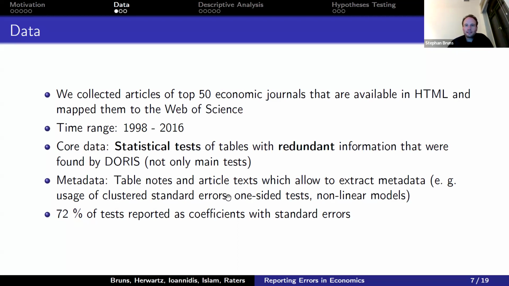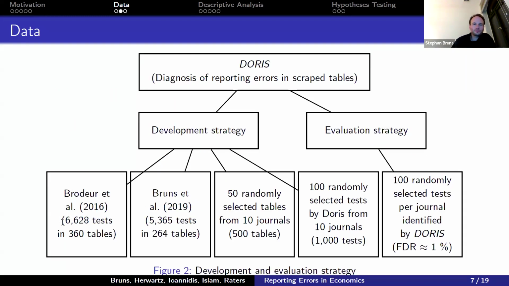We look for clustered standard errors, nonlinear models, etc., because all of this may influence how we diagnose reporting errors. The vast majority of tests is reported as coefficients with standard errors in economics, so 72%. So we developed DORIS in the following way.